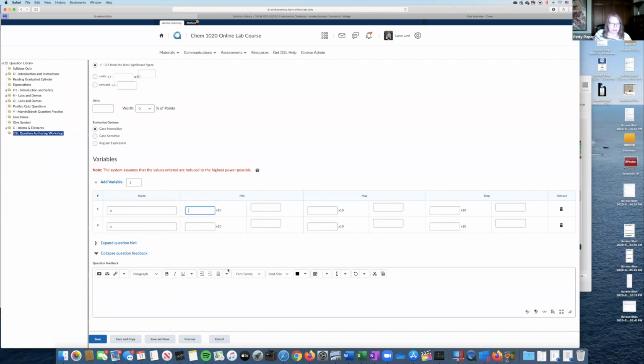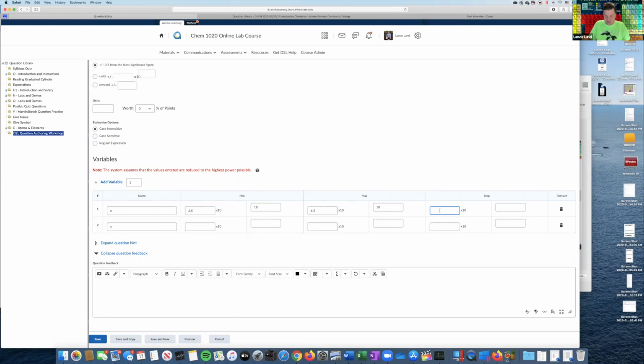Got it. Okay. So if I wanted to do something, let's say I wanted a range here of values that goes somewhere between 2.5 times 10 to the 18, and then up to 6.5 times 10 to the 18. Then this tells how I would randomize those values.